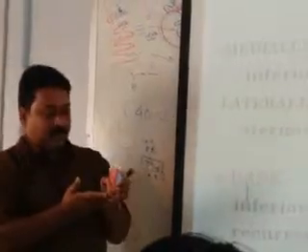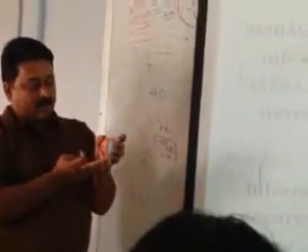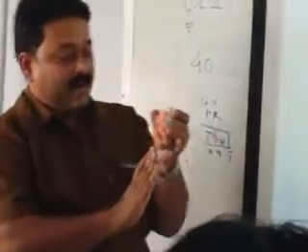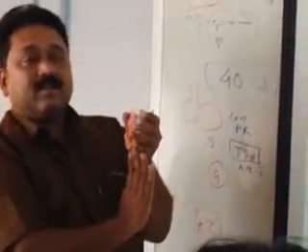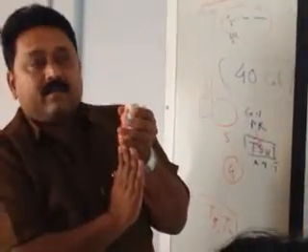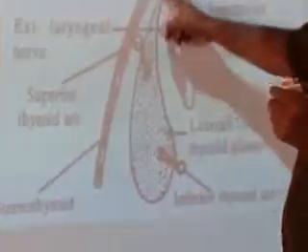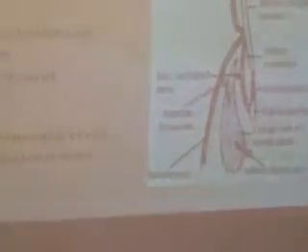And base of the thyroid gland, the relations are the inferior thyroid artery and the recurrent laryngeal nerve, present at the base of the thyroid gland. See here, this is the base and this is the apex of the thyroid gland. Here, inferior thyroid artery and the recurrent laryngeal nerve, at the base of the thyroid gland.